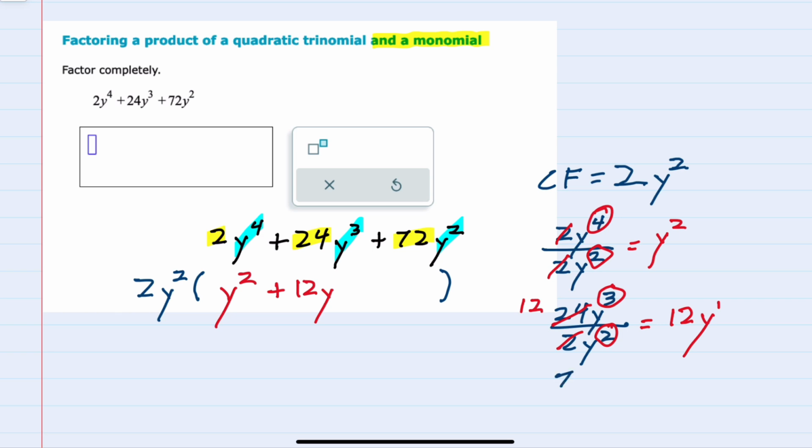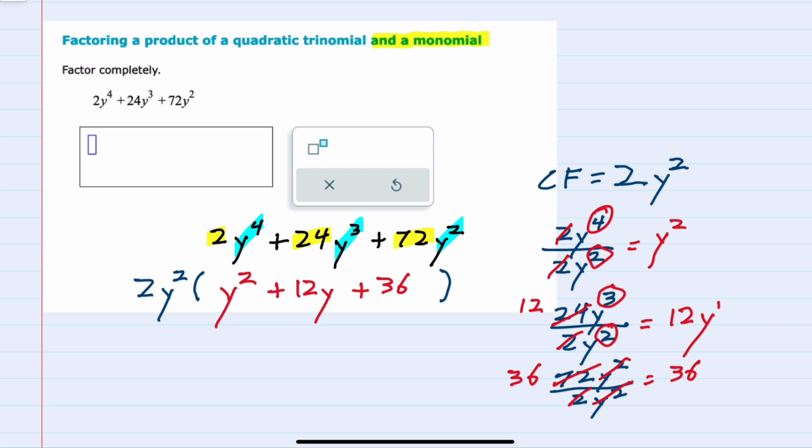And then the last term, we have 72y squared, factoring out a 2y squared. 2 goes into 72 36 times, so our coefficient is 36, and the y squareds completely cancel, so our last term is only that 36.